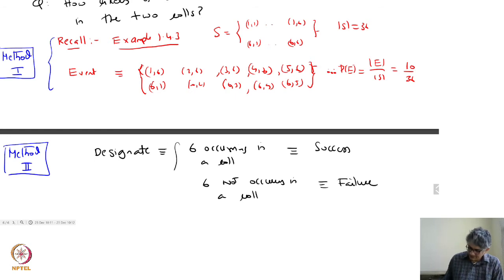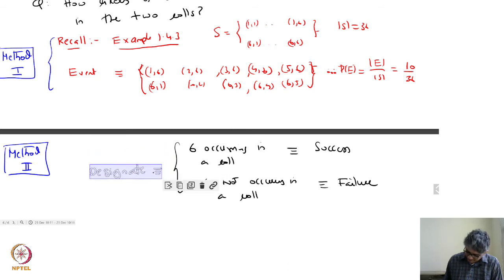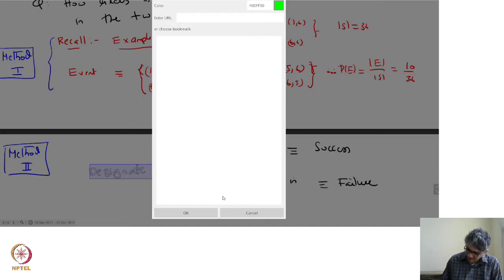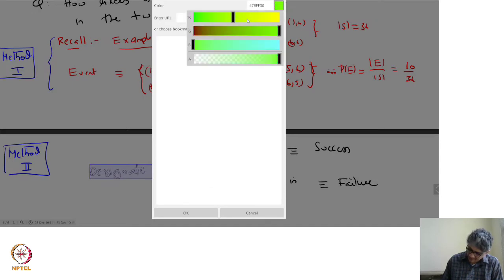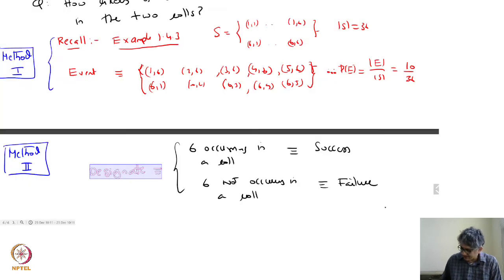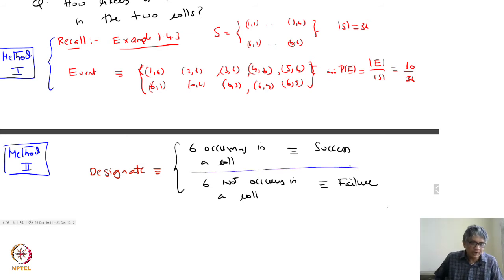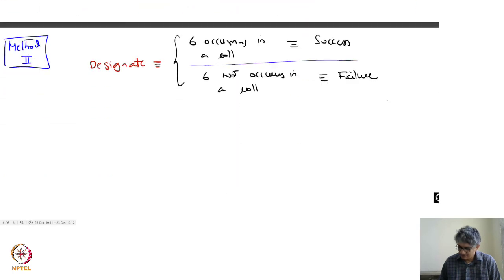Okay. So this is what I do. I do this terminology. So I designate the fact that if 6 happens, I call it a success. If 6 doesn't happen, I call it a failure. So when I do a roll, I'm converting it to a success and failure experiment in this following way. So that's how I do this.